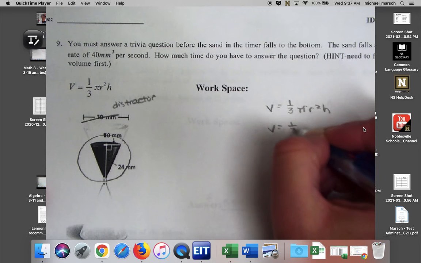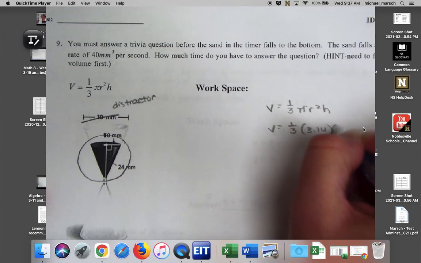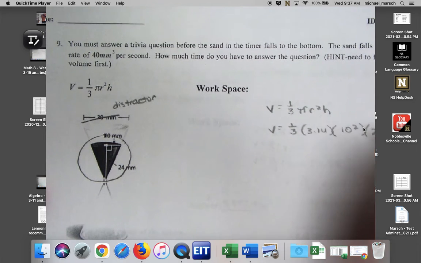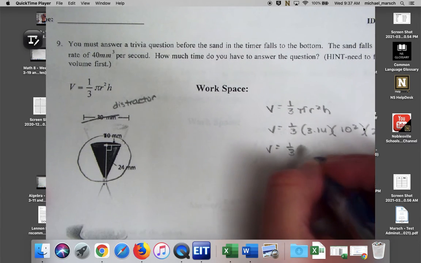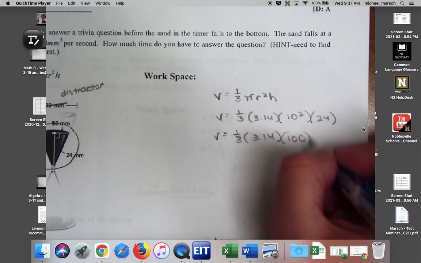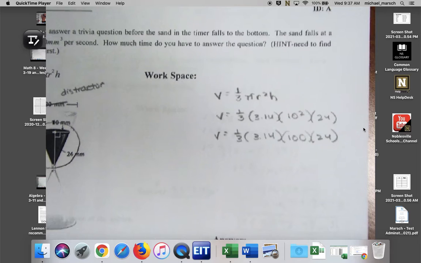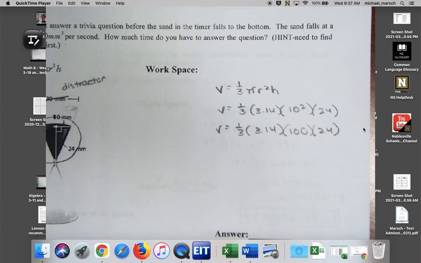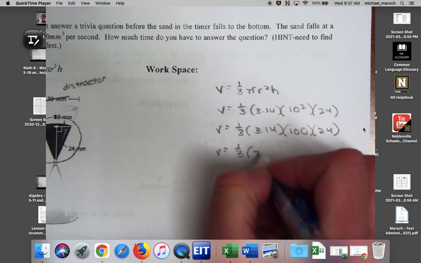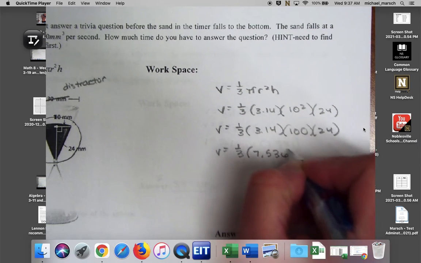Volume equals 1/3 times 3.14 times 10 squared times 24. So we have 3.14 times 100 times 24. So volume equals 1/3 of 7,536.